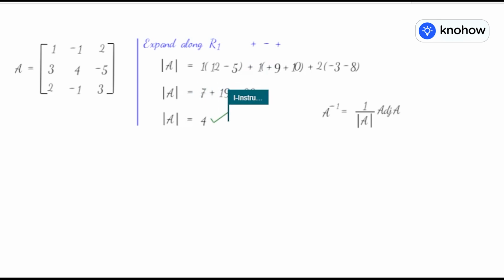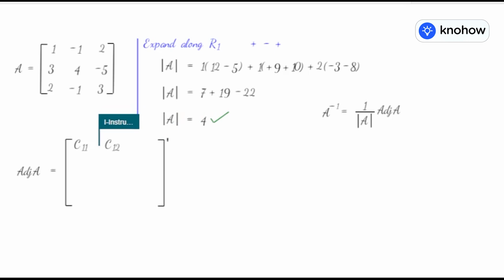And now let us work out the value of adjoint A. What is adjoint A? It is the transpose of a matrix obtained by replacing each element by the corresponding cofactor, that is C11, C12, C13, C21, C22, C23, C31, C32, C33.